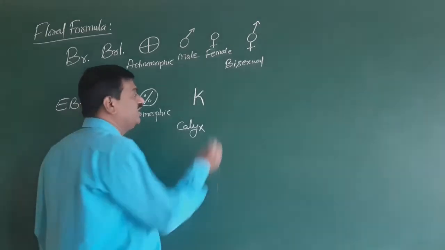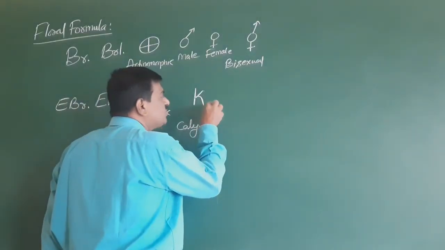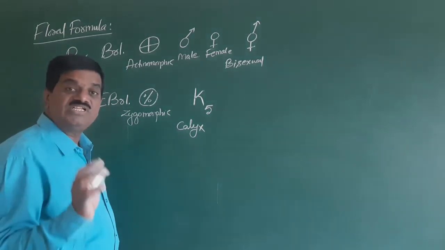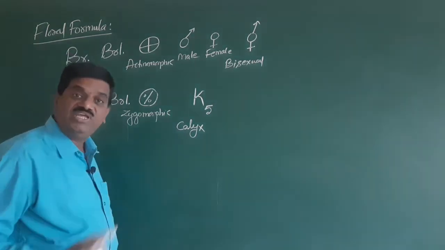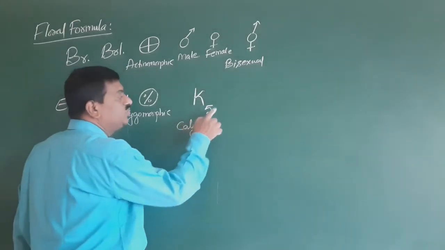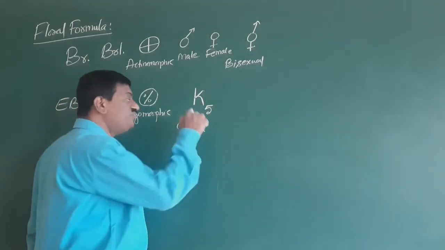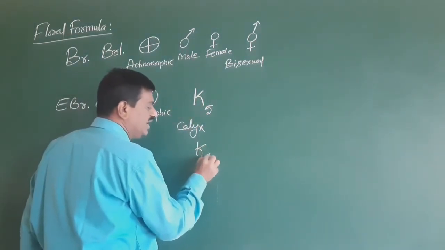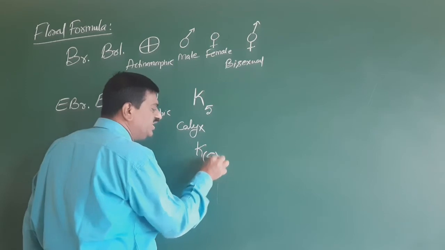That should be specified. For example, if the sepals are 5, you write it like this. If the sepals are 5 and free, called polysepals, you write it without brackets. If the calyx is 5 and fused, you write calyx 5 within brackets.